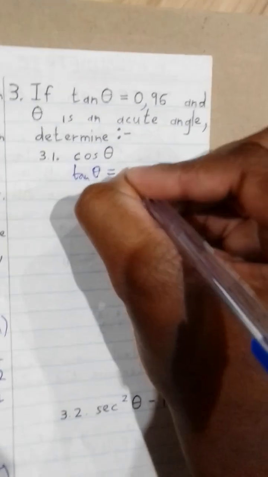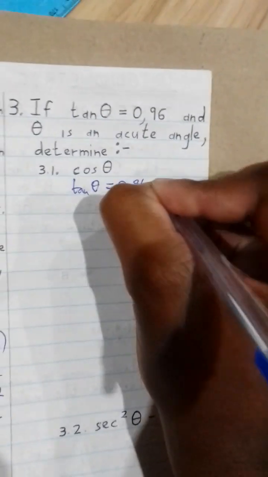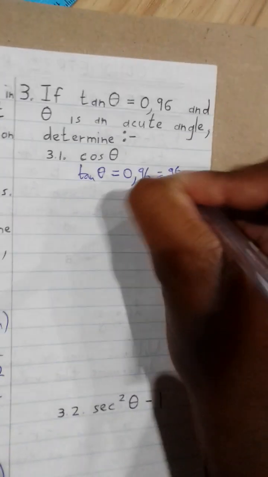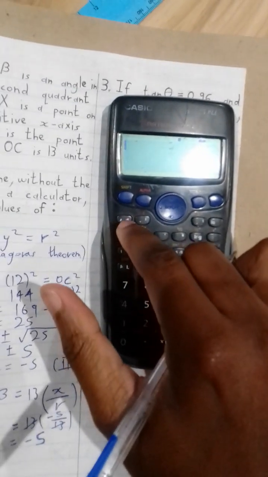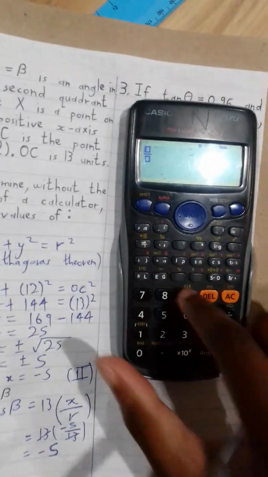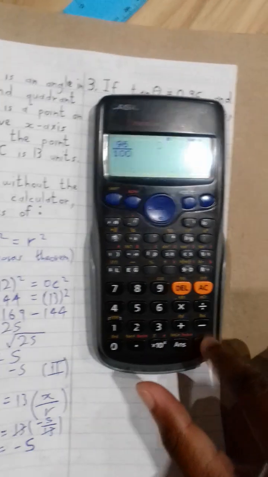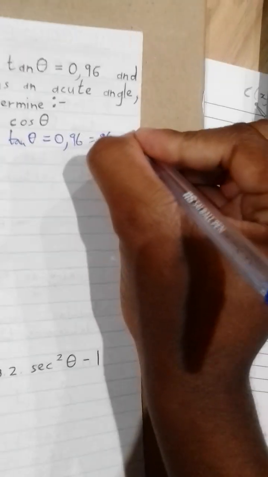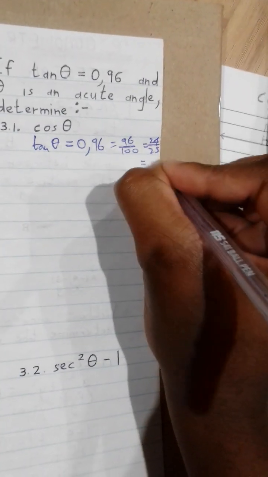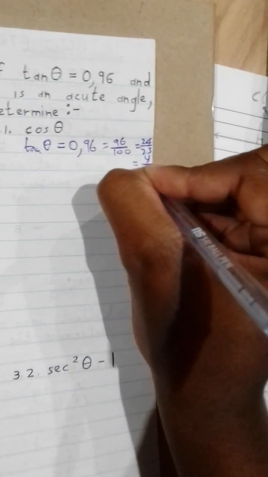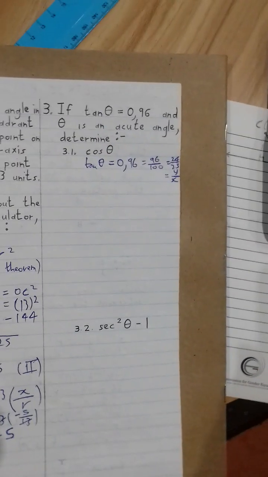Okay, so tan theta is 0.96, which is 96 over 100, which is 24 over 25. Y over x. So y is 24 and x is 25.